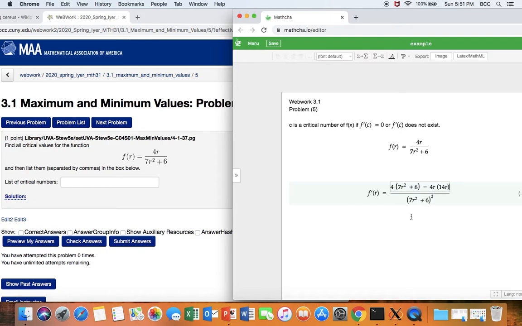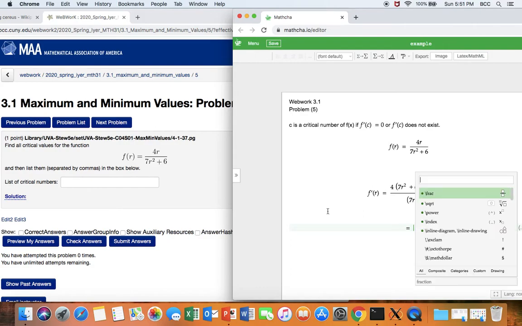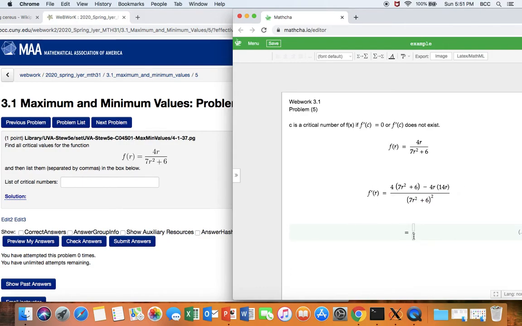All right, so continuing, let me simplify this fraction. The denominator is good as it is, no change to the denominator.